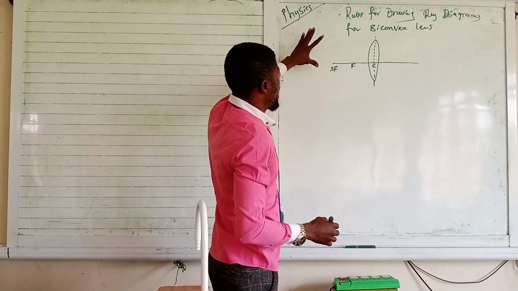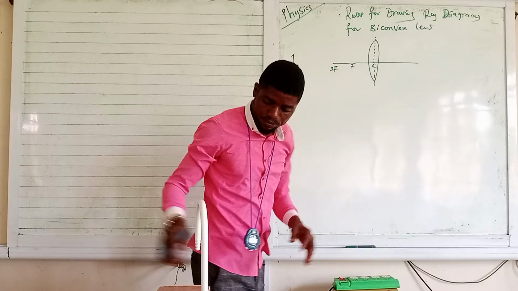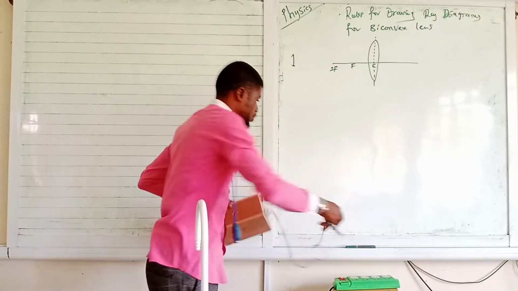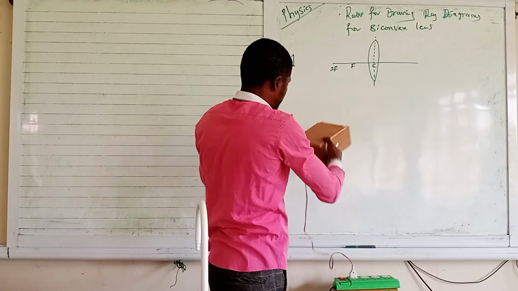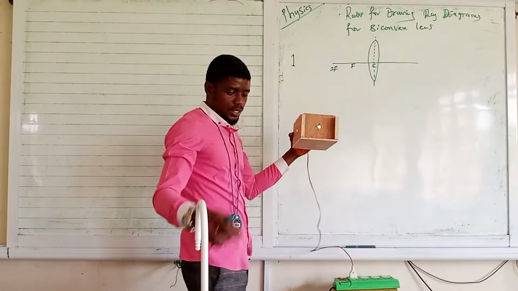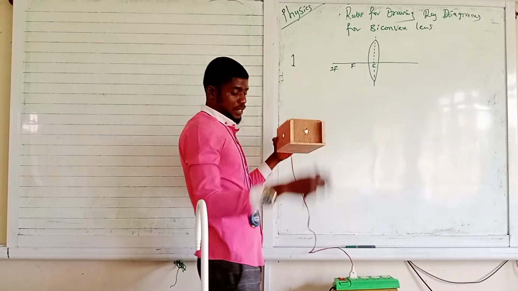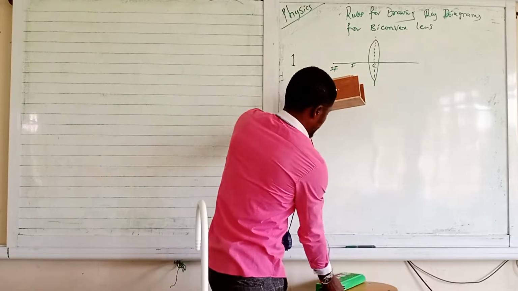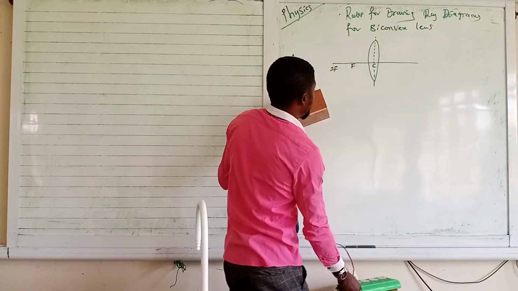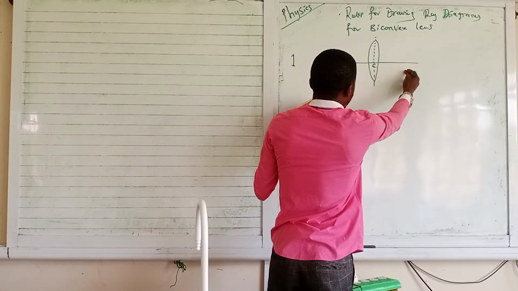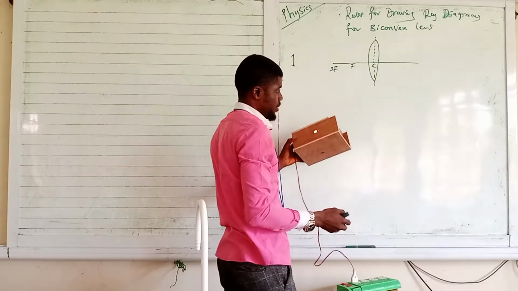If the ray of light is coming from this angle, which is what I want to show you right now, if we choose this side to be where the ray of light will come, everything on this side becomes F prime and 2F prime.